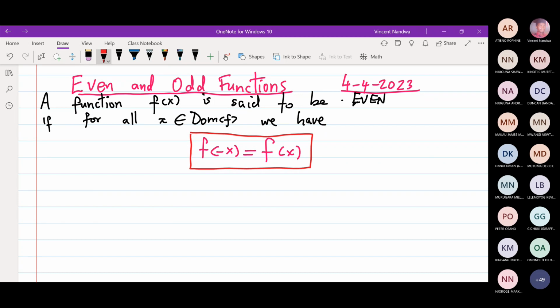So that's how we define an even function.